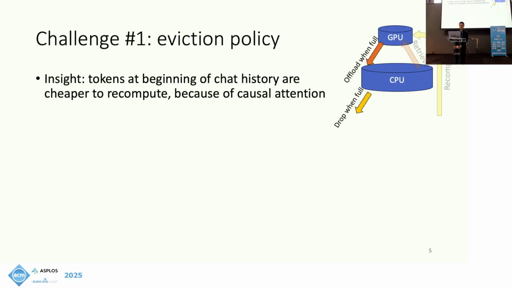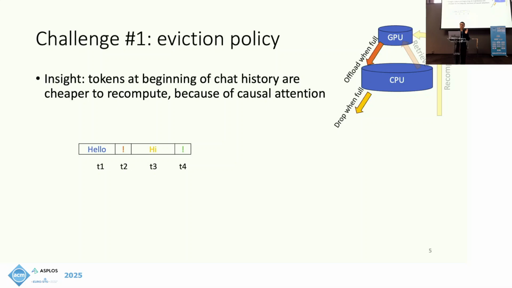So Pensieve's solution to the first challenge is a new eviction policy. Our insight here is that tokens at the beginning of the chat history are cheaper to recompute than those at the end because of the causal attention mechanism, which says that computing one token state only depends on all the tokens in front of it.